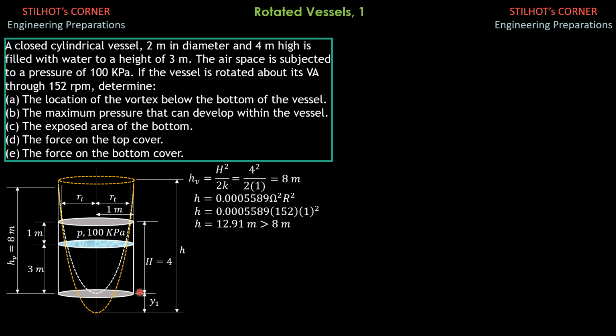It is now drawn here, and we will call this y1. Since no liquid is spilled because the vessel is closed, we equate the final volume of air, represented by this imaginary paraboloid with 2 radii, the radius at the top denoted by r sub t and the radius at the bottom r. The volume of a paraboloid with 2 bases is pi over 2 times the distance between the bases, which is the height of the tank, big H, 4, times the quantity r sub t squared plus r squared.